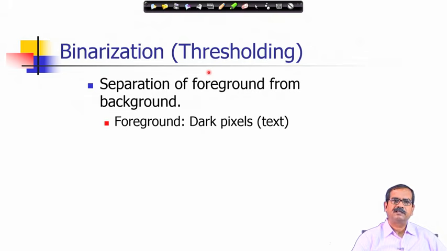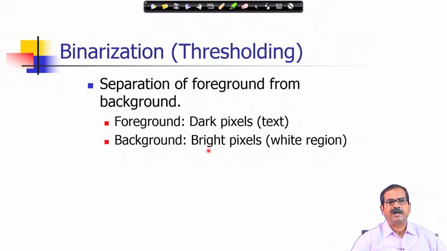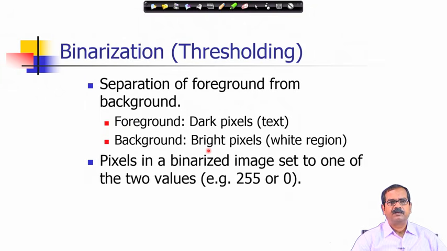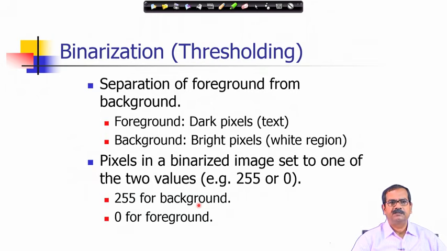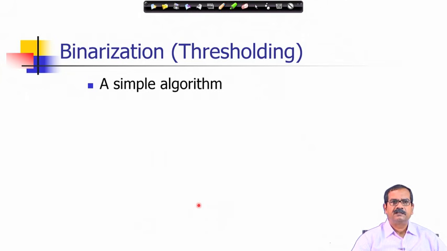In our present context, in the example I have given here, the foreground is the dark pixels and the background is the bright pixels, which are the white region of the document. Pixels after binarization could be set to one of two values. For example, we can consider 255 represents the white region and 0 represents the text portions or dark pixels.